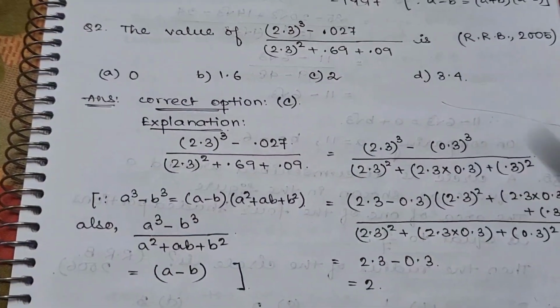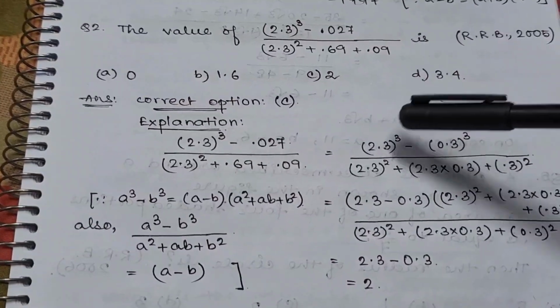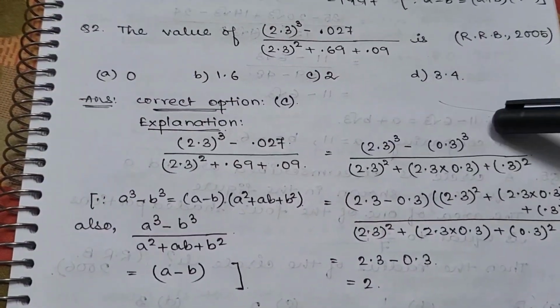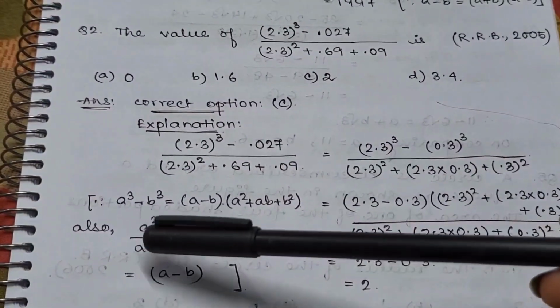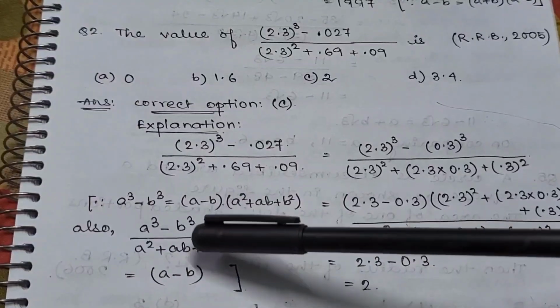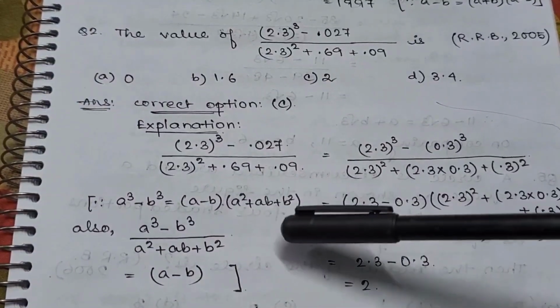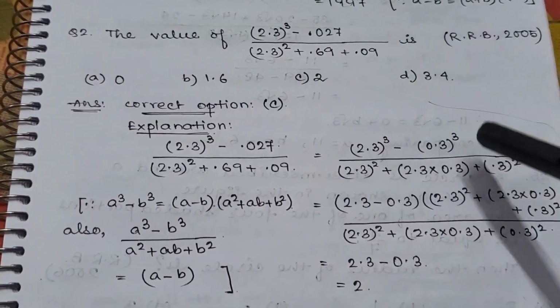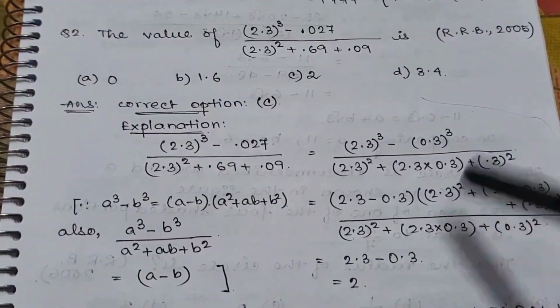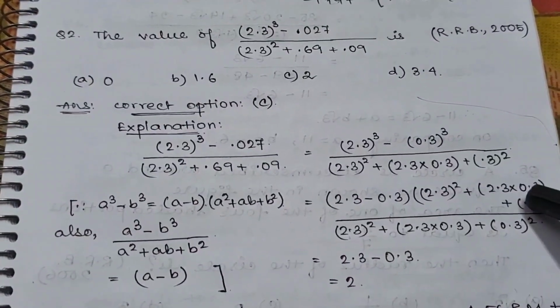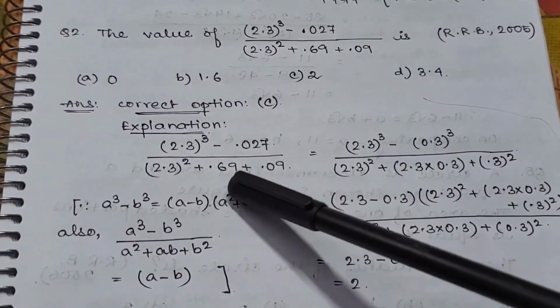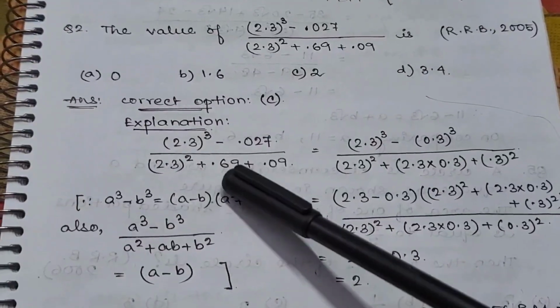So the numerator is of the form a cube minus b cube. Now we know that a cube minus b cube is equal to (a minus b) into (a square plus ab plus b square). Now expanding with the help of the formula, we get this numerator here. And we are writing the denominator as 0.69.